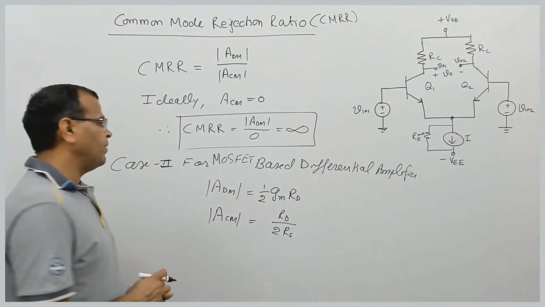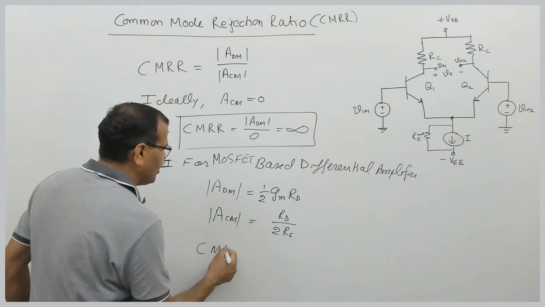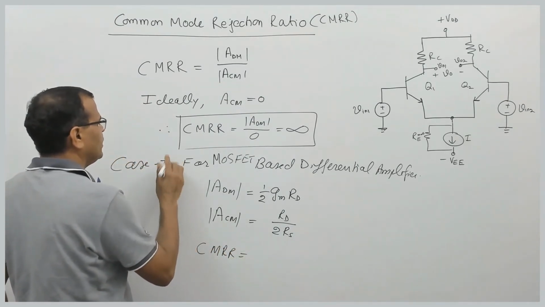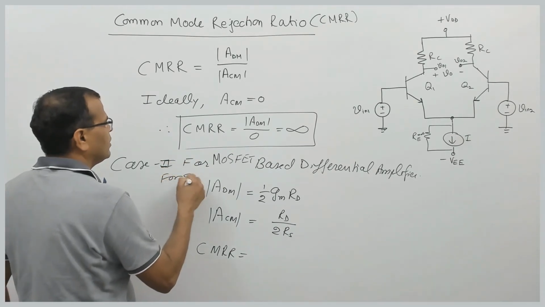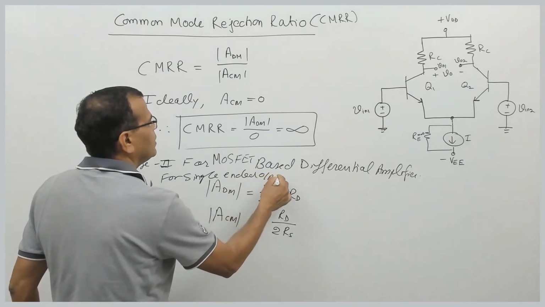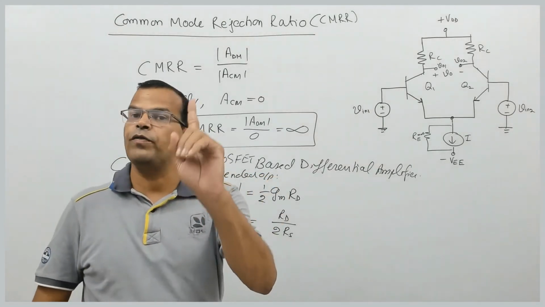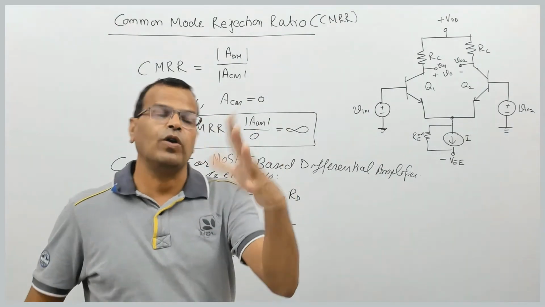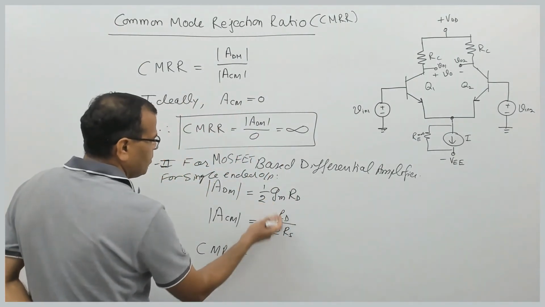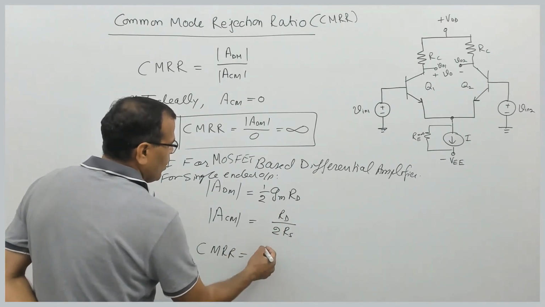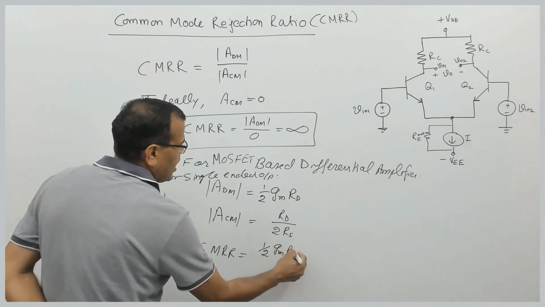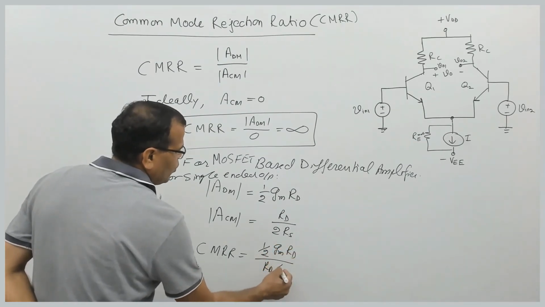That was the expression for MOSFET based differential amplifier. So the common mode rejection ratio for this will be, this is case 2 for single-ended output. Single-ended output means I am taking output only from one MOSFET, either Q1 or Q2. So in that case you can please see that you divide this by this, so I get 1 by 2 GM upon RD divided by RD into twice RS.